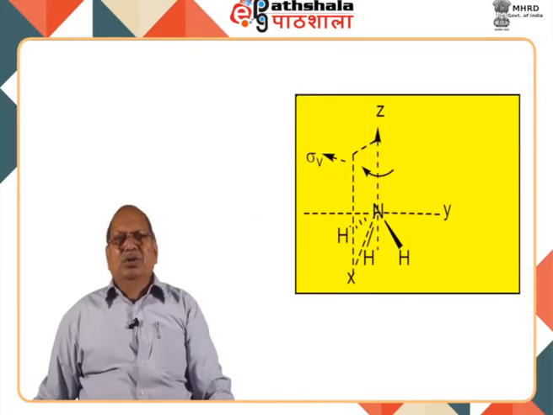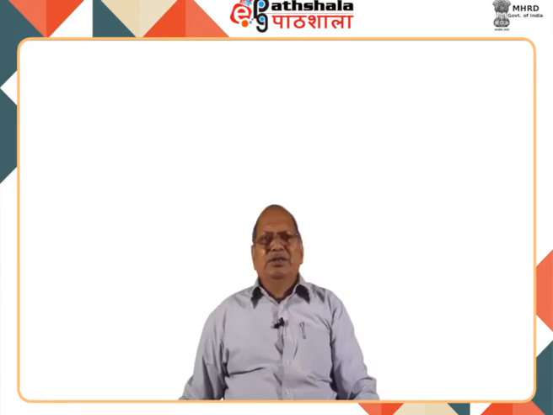These are shown in the figure below, in the diagram of ammonia. Let us take the z vector and see the effect of symmetry operations of the C3v point group on this molecule. E operated on z is z, therefore chi is equal to +1.